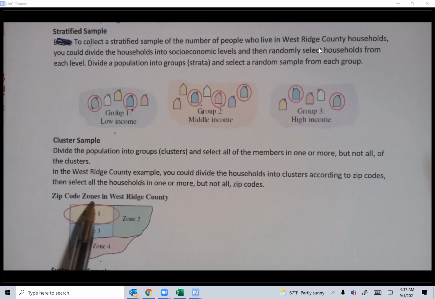But if it was about something that all zone areas have in common, then they're pretty much the same, and it doesn't matter whether you pick the entire zone 1 or entire zone 2, since they all have common characteristics. But for low income, middle income, and high income, I think stratified is better, because you're getting people from each income group, so we have a good representation in the sample.